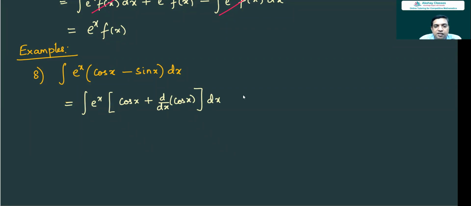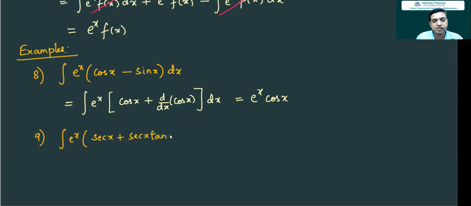All right, f of x plus f dash x. So this integral is e power x times f of x. So that is e power x times cos x. All right. Integral e power x secant x plus secant x tan x. Answer? E power x secant x. So e power x secant x plus c, direct result.